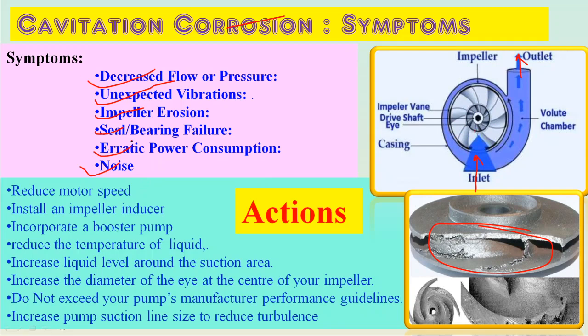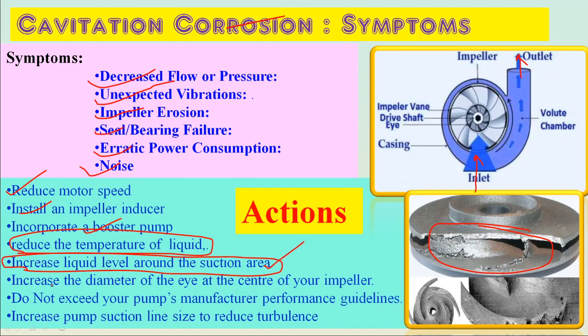Now what are the possible actions for the pumps? You have to check by reducing the motor speed, install an impeller reducer, incorporate a booster pump to support the pump, and reduce the temperature of the liquid to stop boiling or vapor formation. Increase the liquid around the suction area, you have to increase the liquid level. This means increasing the NPSH.